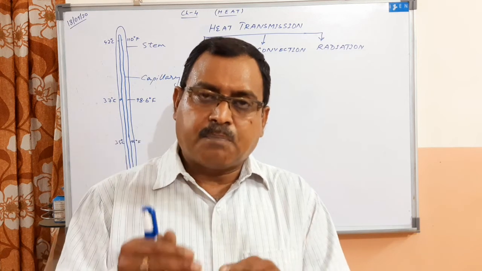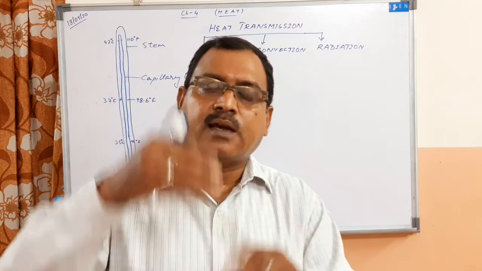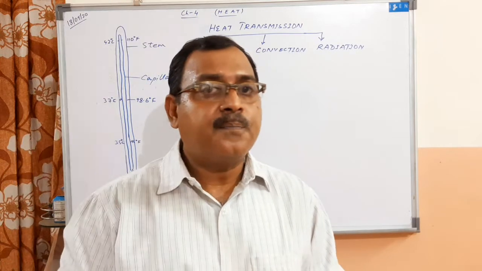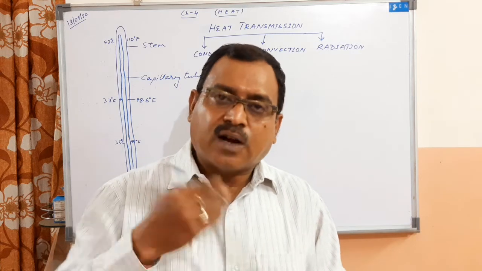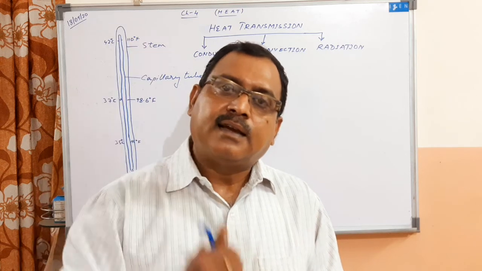Then that student will pass on the book to the student sitting just behind him. Again, that second student will pass on the book to the third student. In this way, to the fourth, fifth, sixth, till it reaches the last student. This is one possible way of transferring this book from my hand to the student sitting at the end.